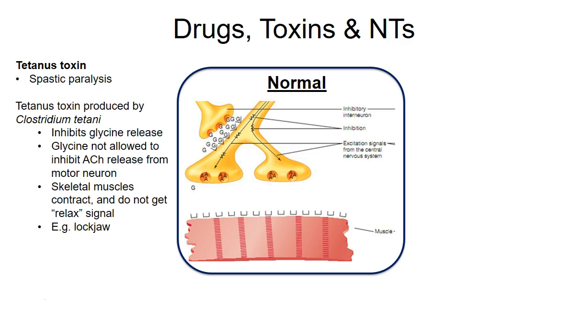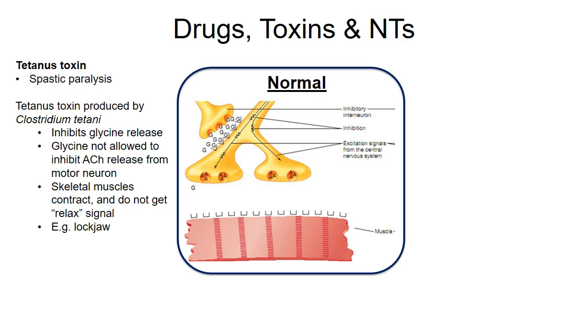releases an inhibitory neurotransmitter. Okay, if it's inhibitory, is it making it more likely or less likely for an action potential to occur? Less likely, right? So this inhibitory neurotransmitter, these Gs, stand for glycine, which is making it less likely for action potentials to be propagated down or be initiated in the motor neuron.